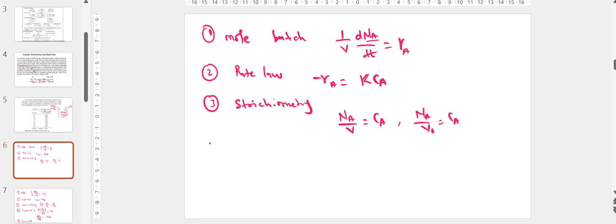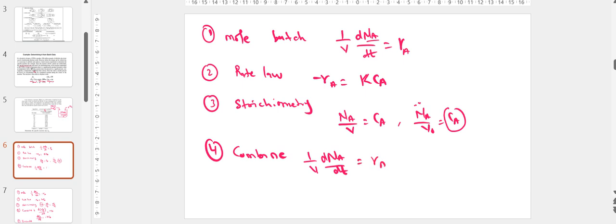So then the fourth step is to combine. How do we combine this? We substitute this to get our Ca. So 1 over V, the dNa dt is equal to Ra.